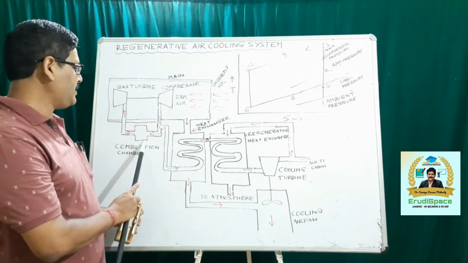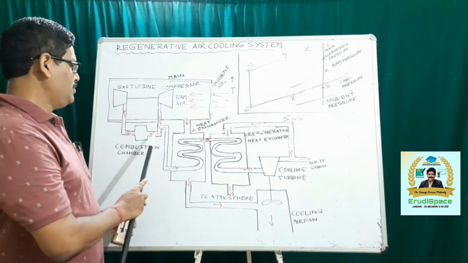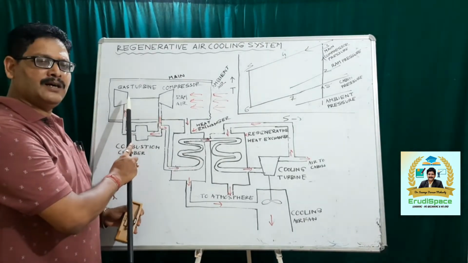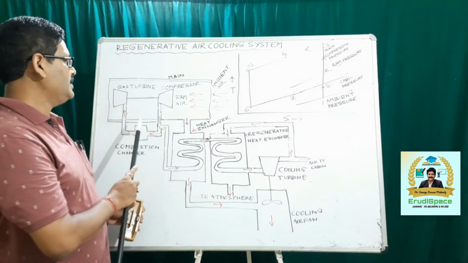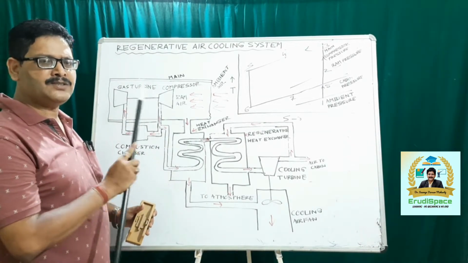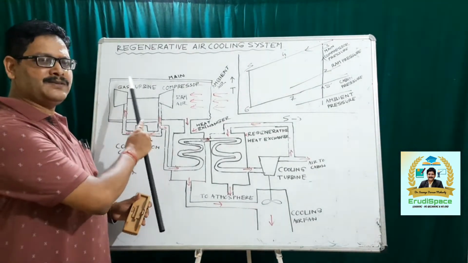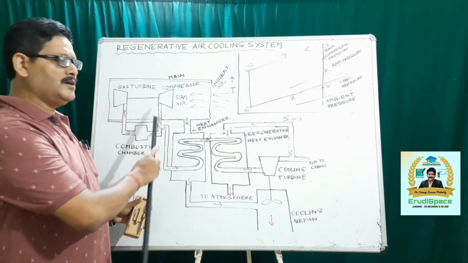In the combustion chamber, heat and fuel is added to the compressed air, and then this is taken to the gas turbine, where it expands and does some mechanical work, which in fact runs the aircraft. A part of the power that is developed is used to run the compression.